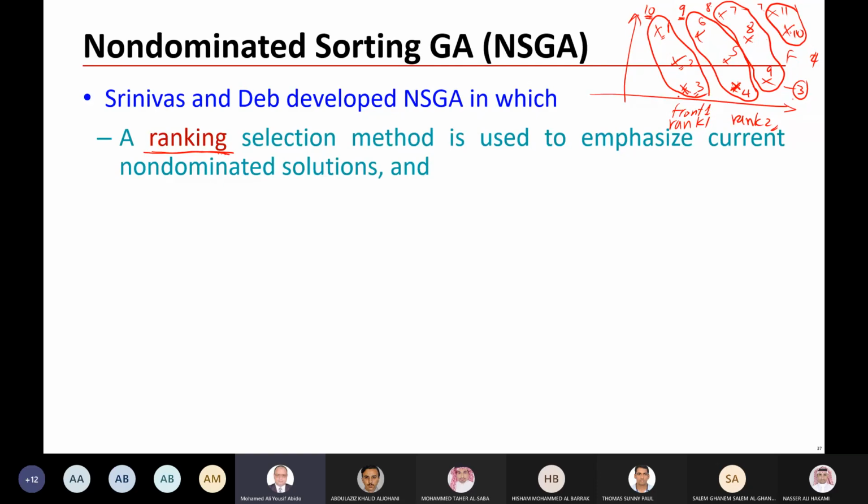This is okay for the time being, but later we will see how to modify this dummy fitness to also take into consideration the first important point for multi-objective optimization, which is we need the solutions to be well distributed.